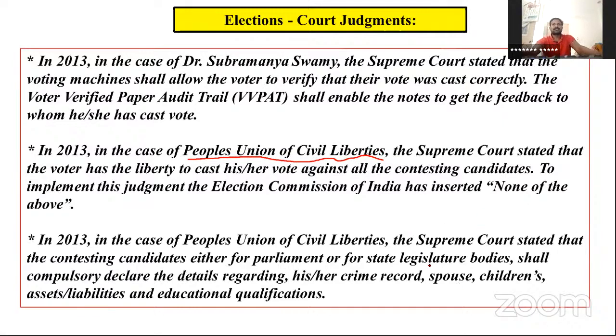The Supreme Court stated that the voter has the liberty to cast his vote against all the contesting candidates. To implement this judgment, the Election Commission of India has inserted the none of the above button. That means none of the above, NOTA. It was introduced in 2013 in the case of People's Union for Civil Liberties.